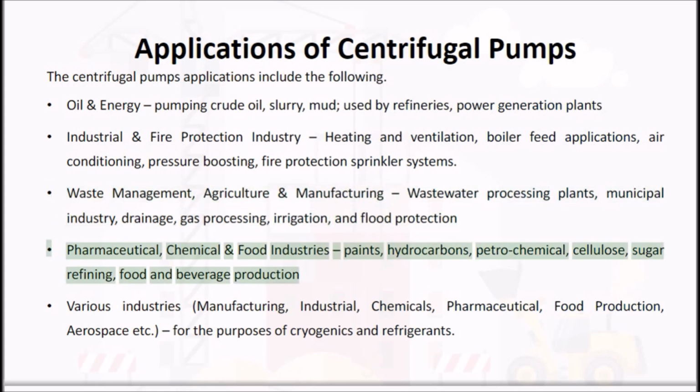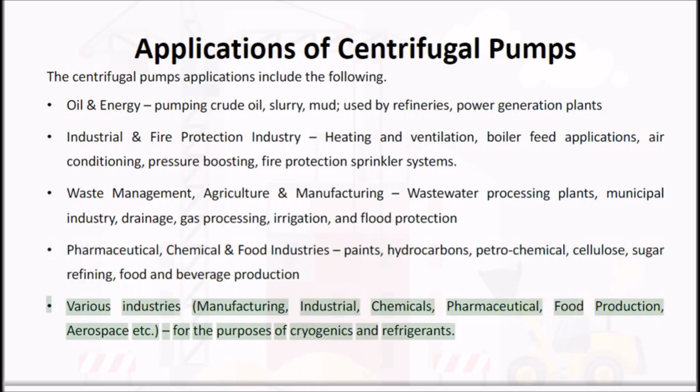Pharmaceutical, chemical and food industries: paints, hydrocarbons, petrochemical, cellulose, sugar refining, food and beverage production. Various industries: manufacturing, industrial, chemicals, pharmaceutical, food production, aerospace etc., for the purposes of cryogenics and refrigerants.